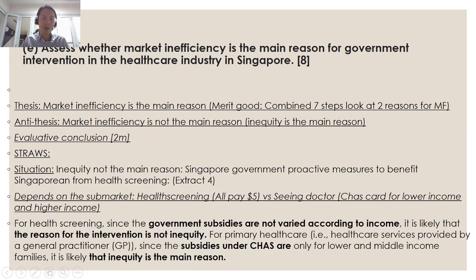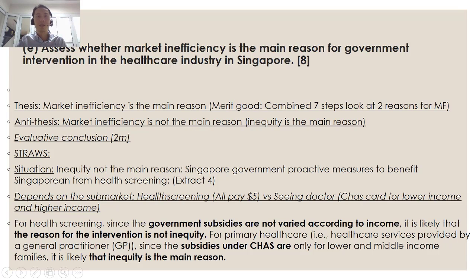So we are saying that for health screening, the government subsidy is not varied according to the income. Be it the poor or the rich, they pay the same amount of $5. Therefore, the reason for this intervention is not due to inequity.